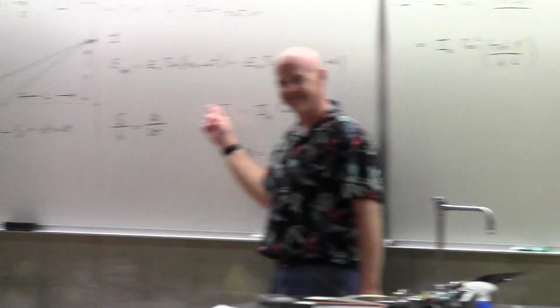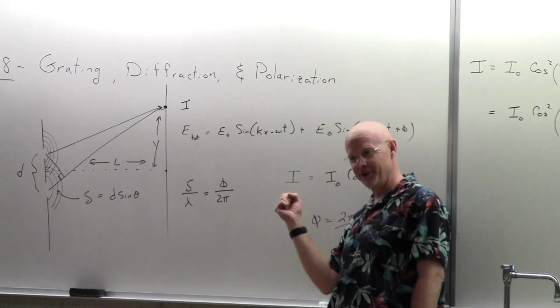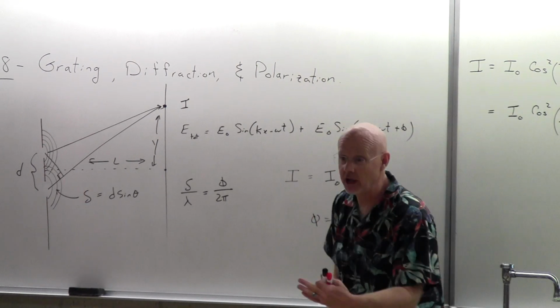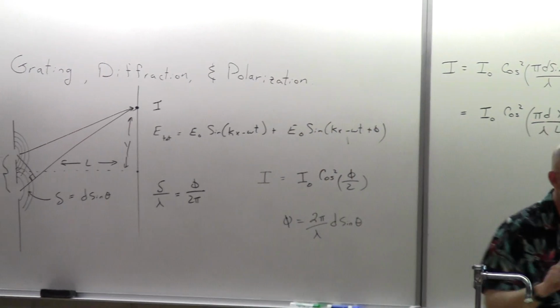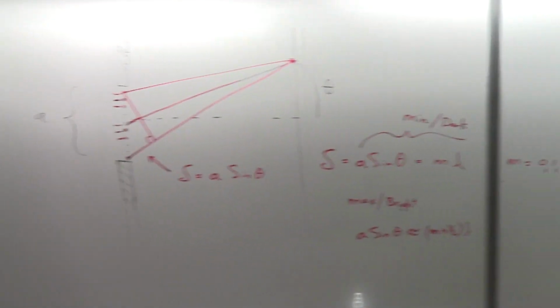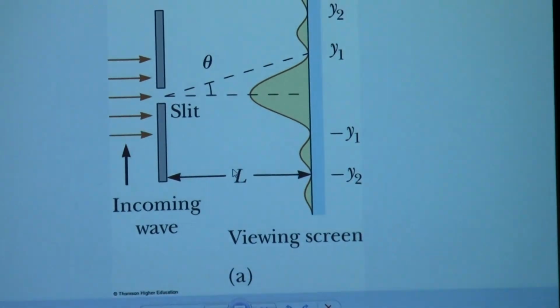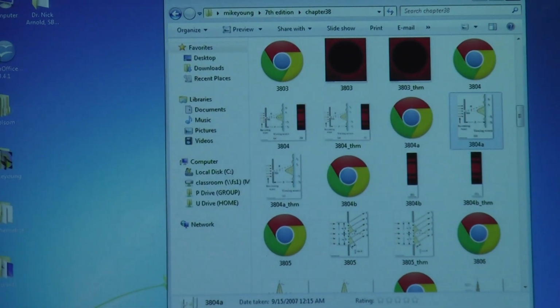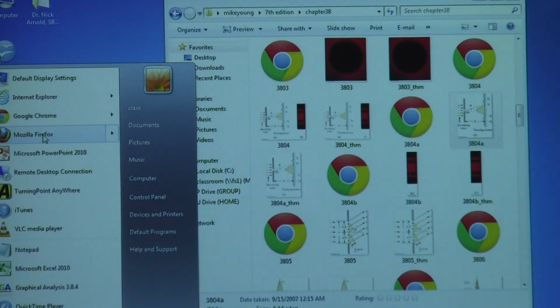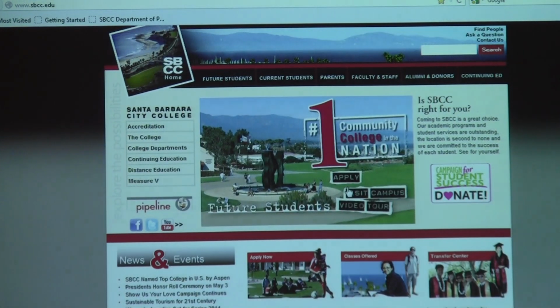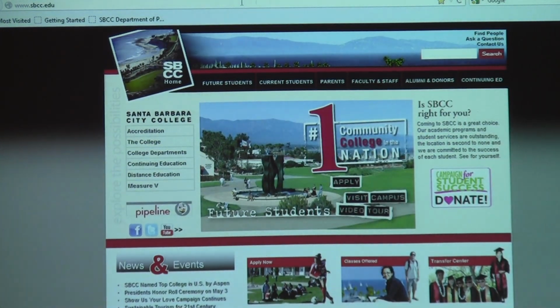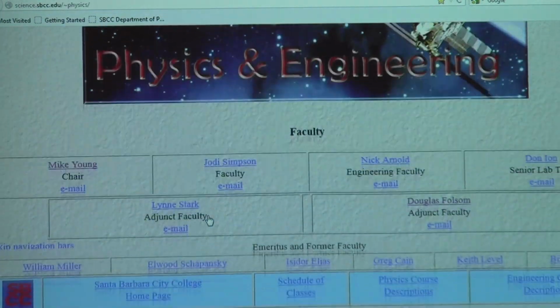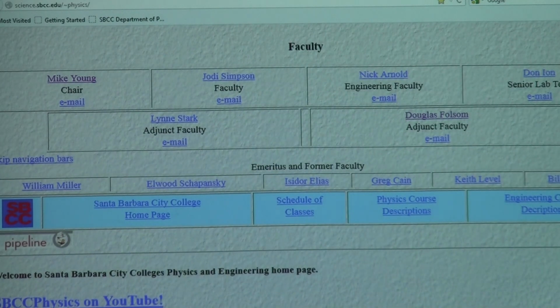This was nice. We only added up two waves. How do you add up an infinite number? Well, let me start with what you saw last time. Let me go back to our flash page here. All right, flash.